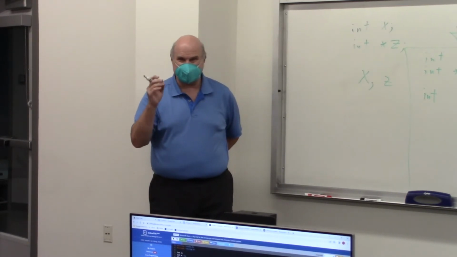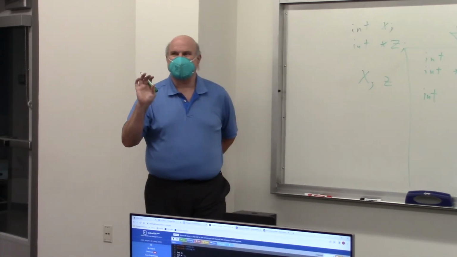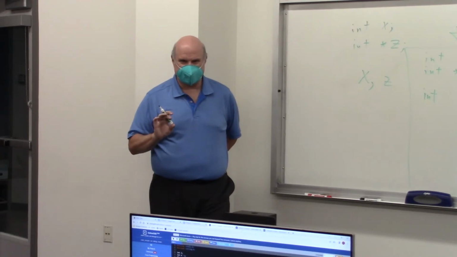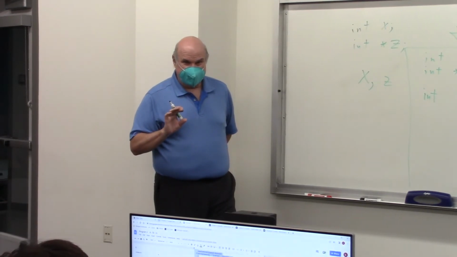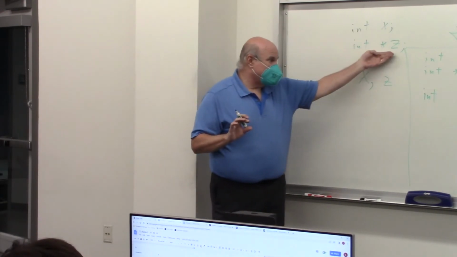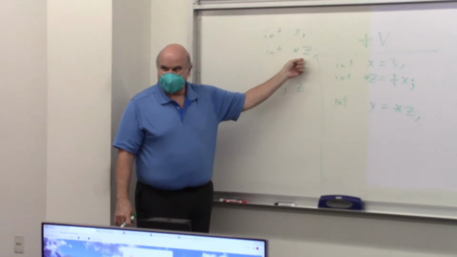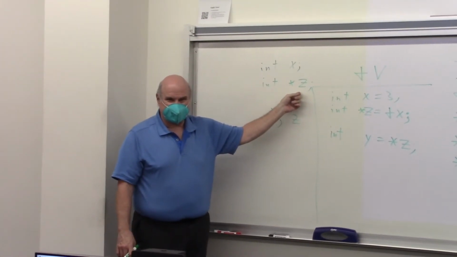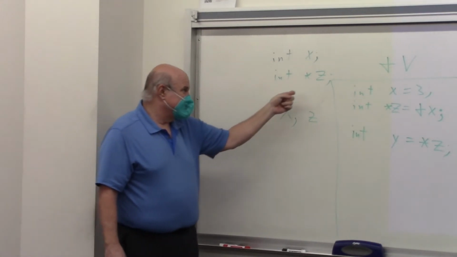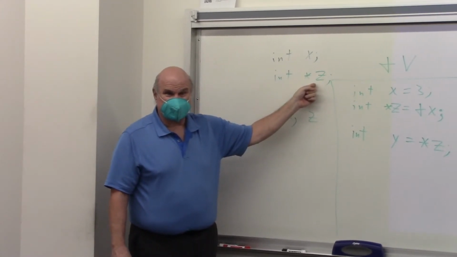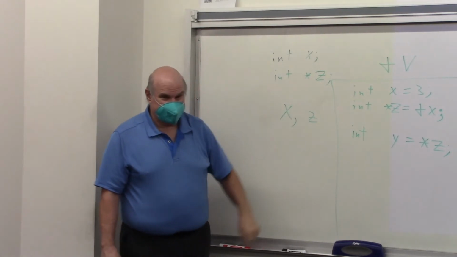Floats, doubles, longs, they're all value types, which means they contain values. The things that are reference types in C are pointer variables, because they do not contain values. They contain memory addresses. Now, yes, the memory address is a value, but there's really a memory address, which is a reference to something. The other case is an array.